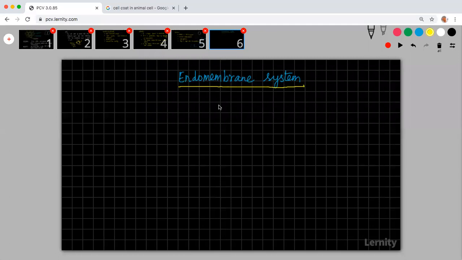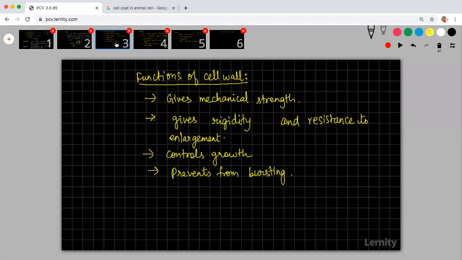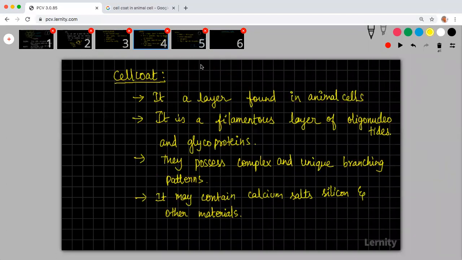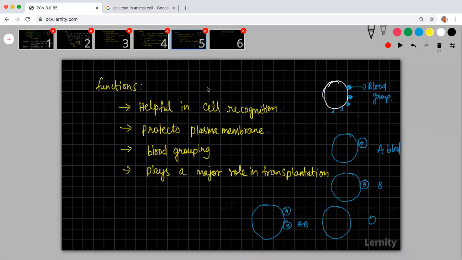You don't have to write about blood grouping and all now. I'm just trying to explain that the cell coat is going to play a major role in cell recognition. What is cell recognition? Basically identifying different kinds of cells. The cell coat is also protecting the plasma membrane. The cell coat will help in blood grouping.